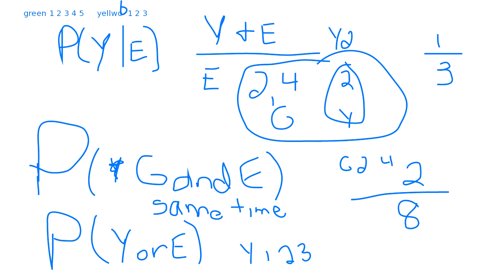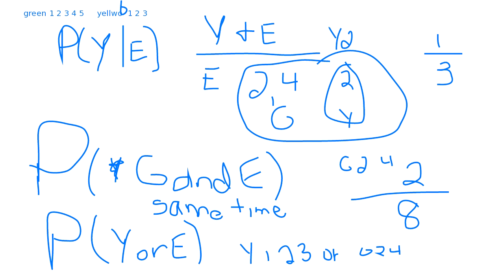Or even. All the even cards are green 2, 4, or a yellow 2. But you already have a yellow 2 right here. So you don't want to count it twice, so I'm not going to list it.